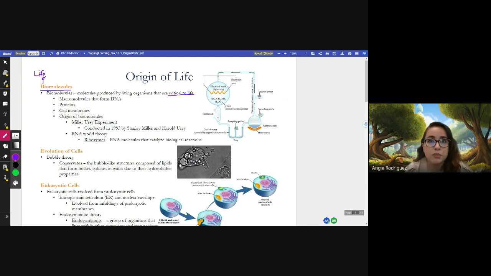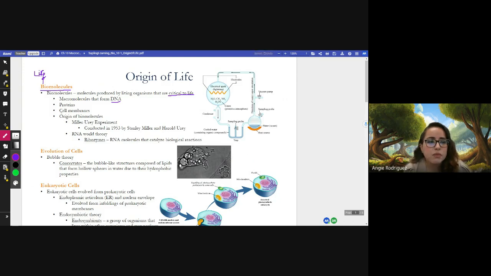So these are going to help us make our DNA, which for short is deoxyribonucleic acid, just FYI for your information. So some of those macromolecules or biomolecules that came out of that experiment from Miller and Urey included proteins. And proteins, some of us know, are helpful in muscle development, among other things.